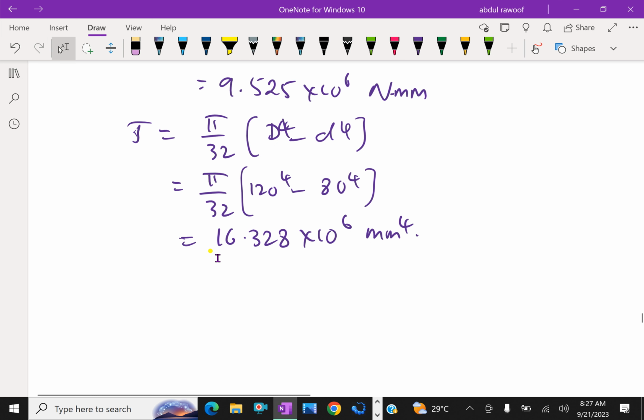This calculation gives 16.328 into 10 power 6 mm power 4.